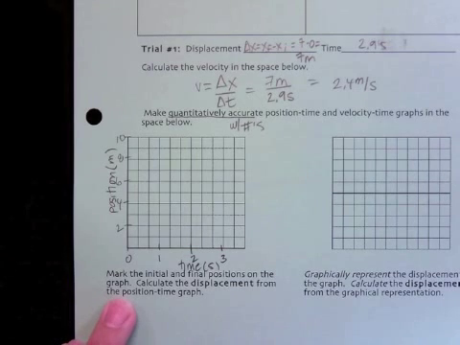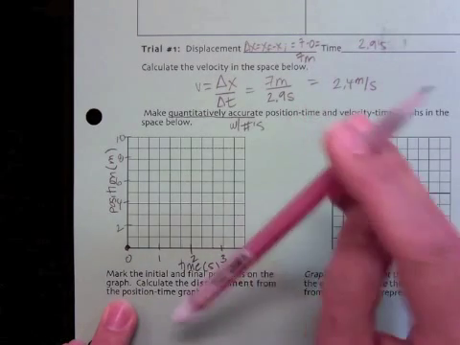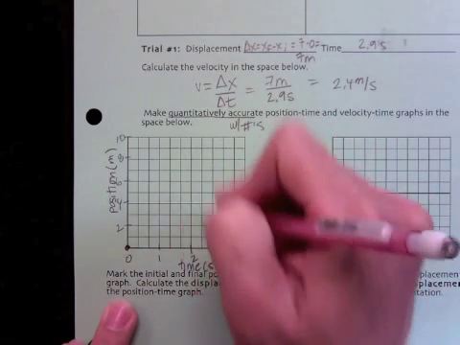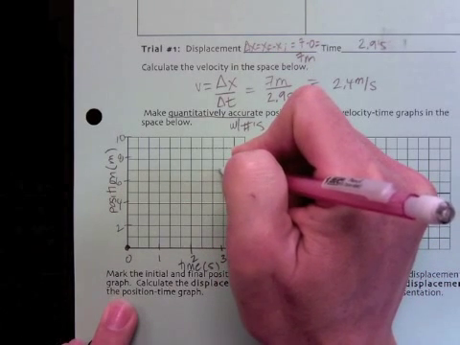Now, how can I make a quantitatively accurate position time graph? Do you know your starting position? At time 0, where were you? 0. Do you know your ending position? At time 2.9 seconds, where were you? Or where was he? At 2.9 seconds, he was at about 7.